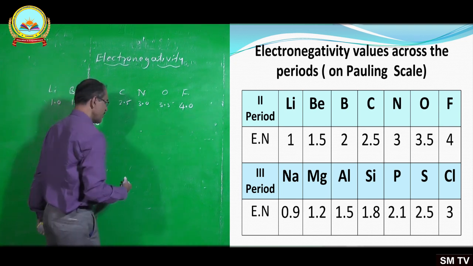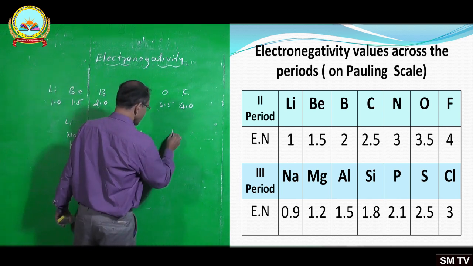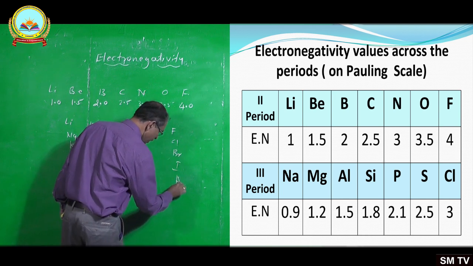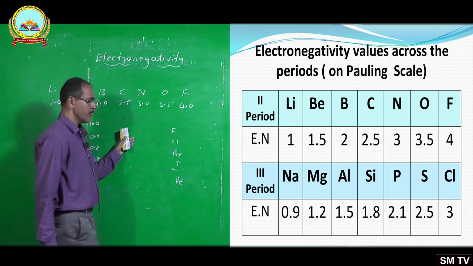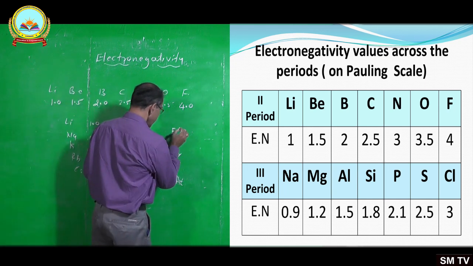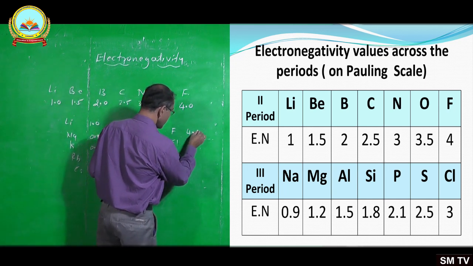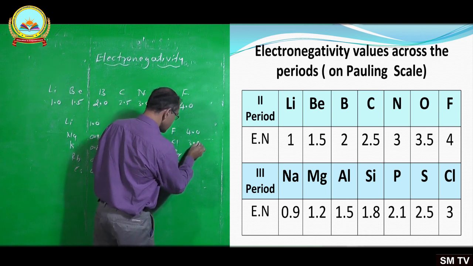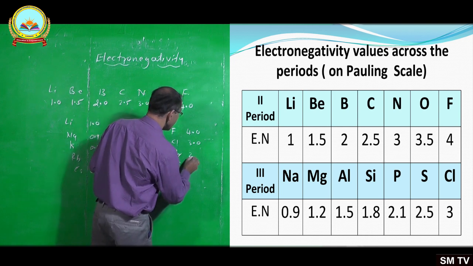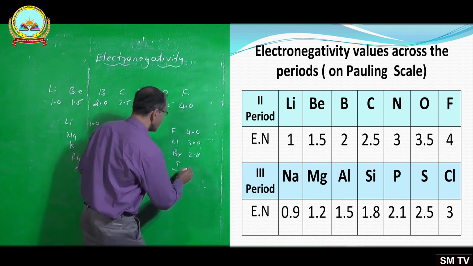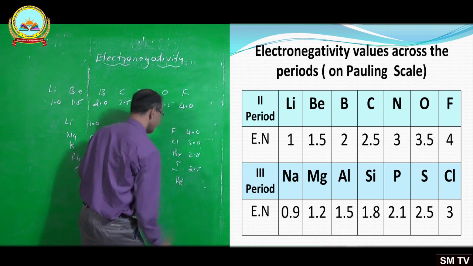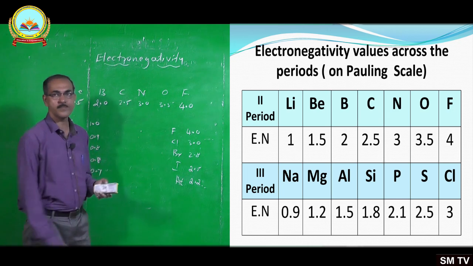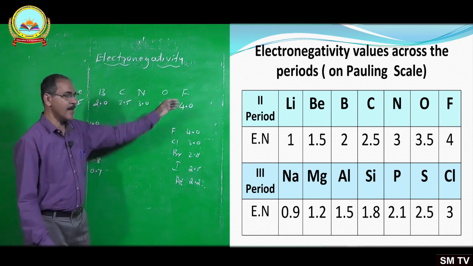Here are the group 17 elements: fluorine, chlorine, bromine, iodine, and astatine. Fluorine the value is 4.0, chlorine 3.0, bromine 2.8, iodine 2.5, and for astatine the value is 2.2. See the trends.